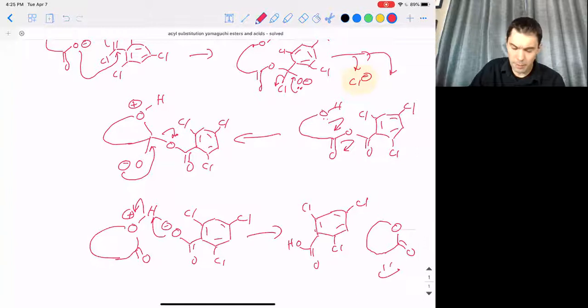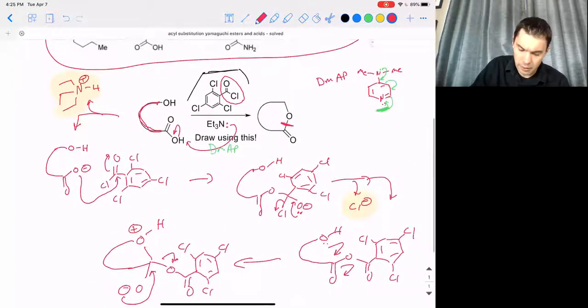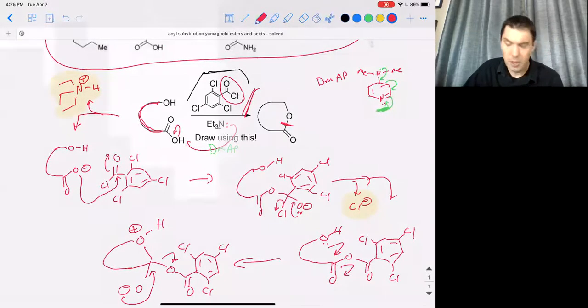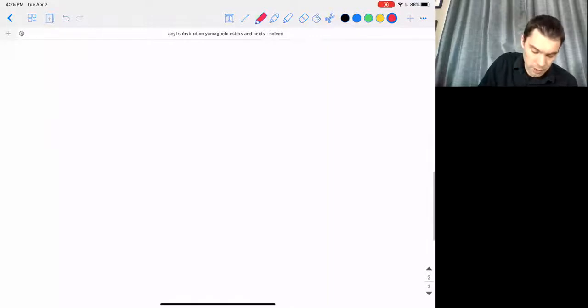Now, some of you might be asking about why this particular acid chloride. What's special about the Yamaguchi reagent that makes it uniquely able to do this particular reaction? And it turns out there's a couple of very important things about it. And so I wanted to talk that through here for a second.